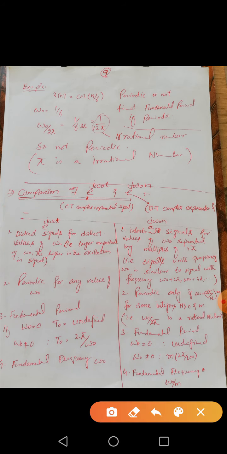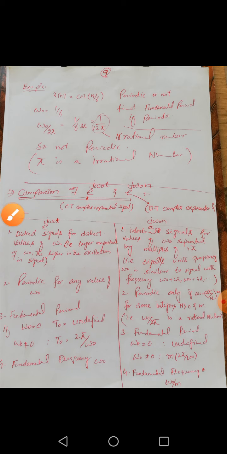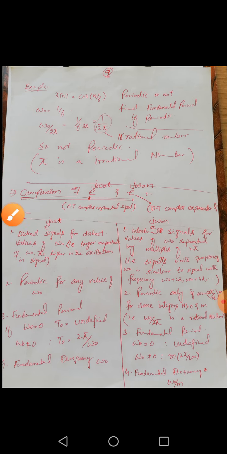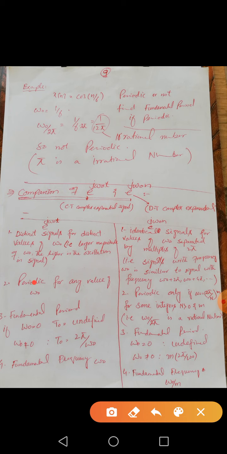Similarly, the fundamental frequency of e power j omega naught t is omega naught, and the fundamental frequency of e power j omega naught n is omega naught divided by m. This is the brief comparison of e power j omega naught t and e power j omega naught n.